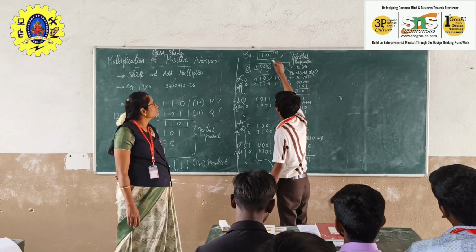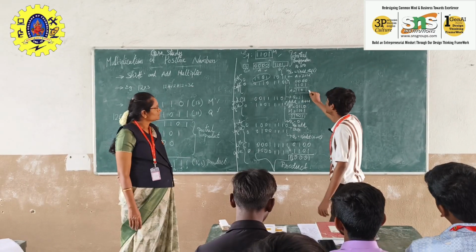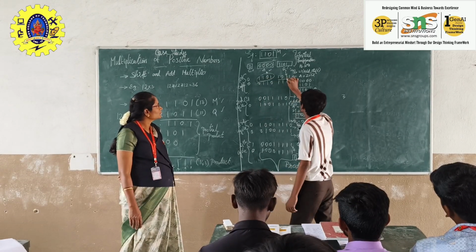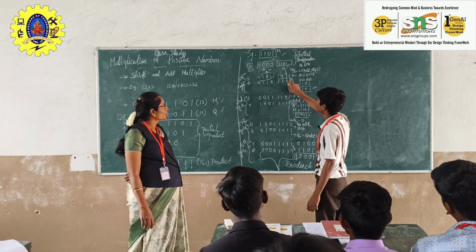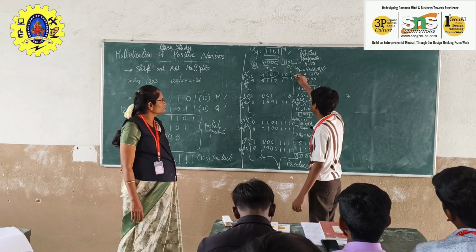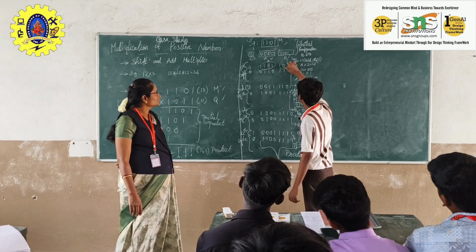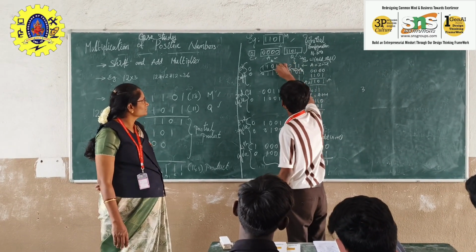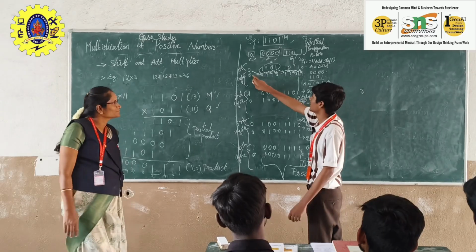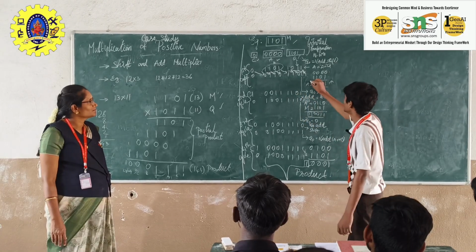So we add A and M, and after adding we get 1101 as the value. We store it in A and Q, and then shift the number to the next position: 1, 0, 1, 1, and the last is 0. When we shift, it takes 0 since there is nothing in the carry.